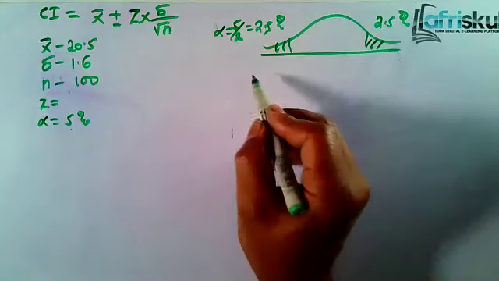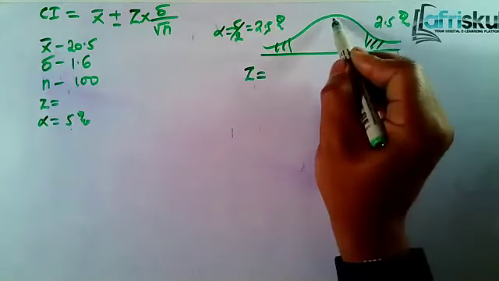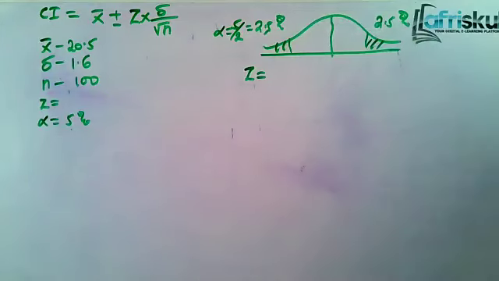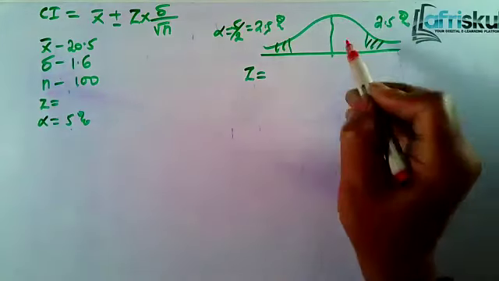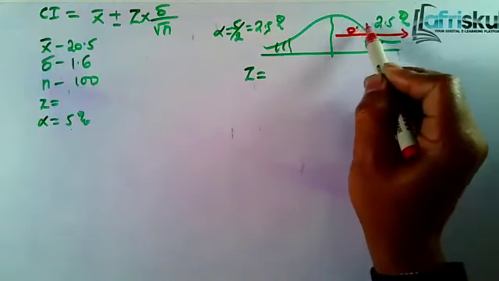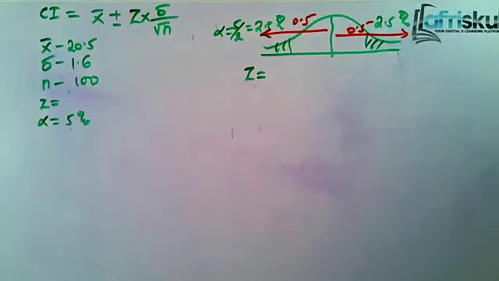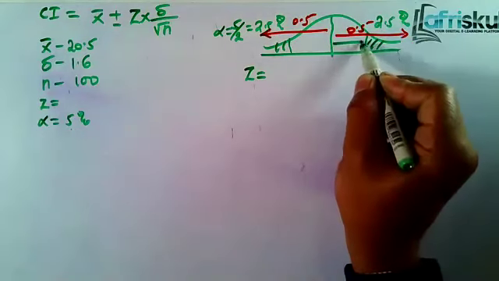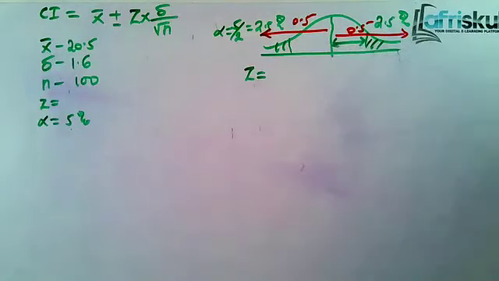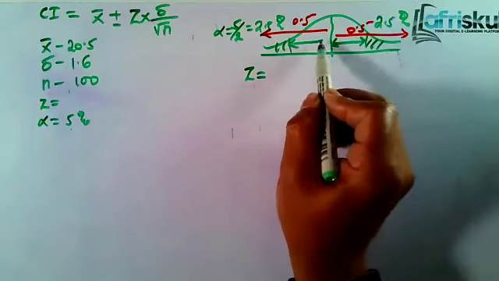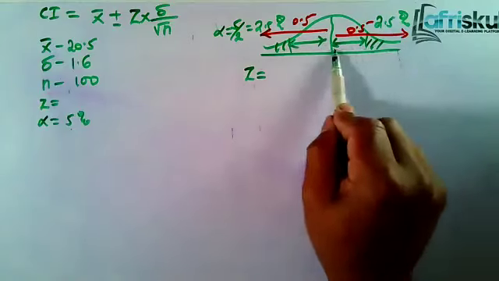Then, how do we get Z? If I take you back to the normal distribution, this side is 0.5 and the other one is 0.5. If you want to get Z, now we want this probability here, the probability of this confidence interval.